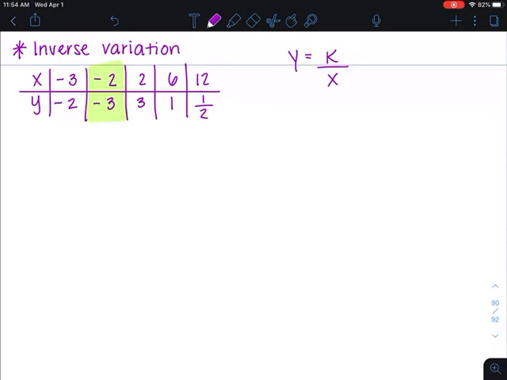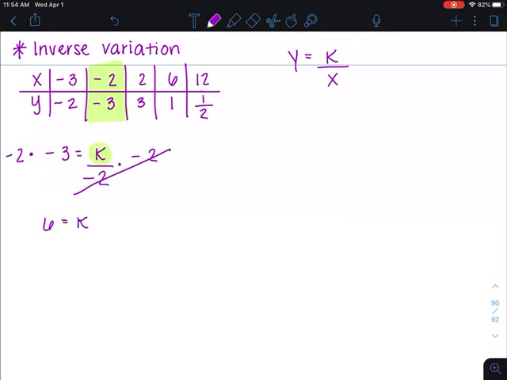So for step 1, substitute one pair of x and y values from the chart into the general equation. So we're saying that y is equal to -3. We do not know what k is, and x is -2, and we're going to solve for k. I'm going to multiply both sides by -2.